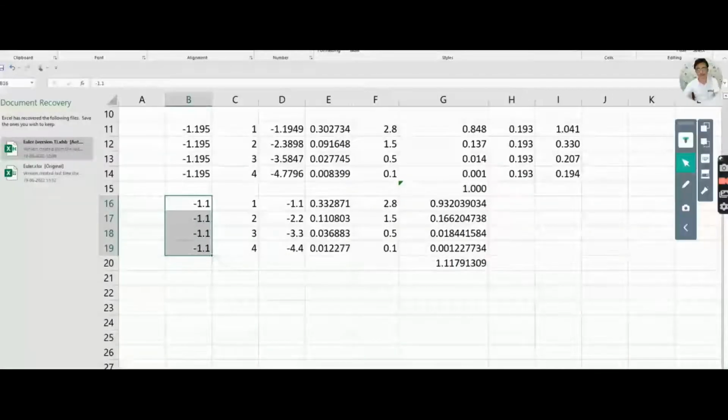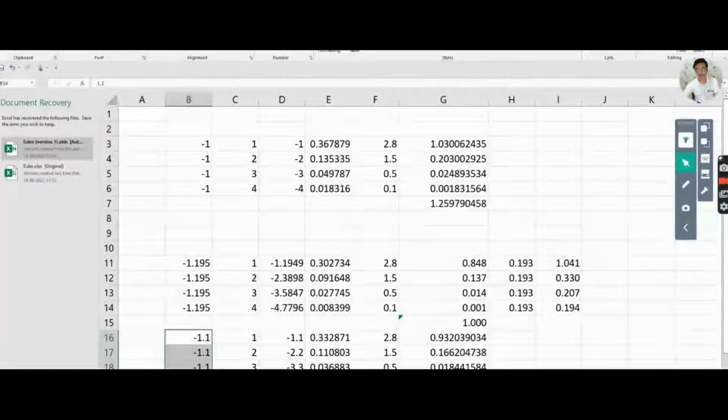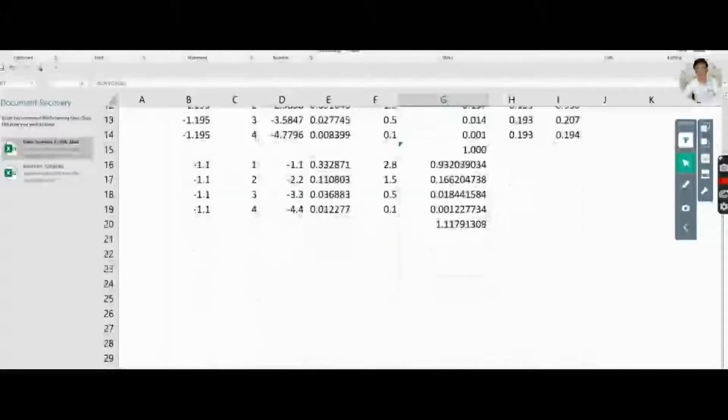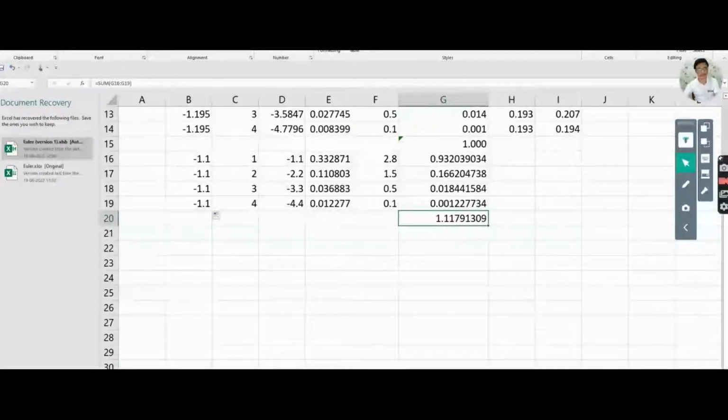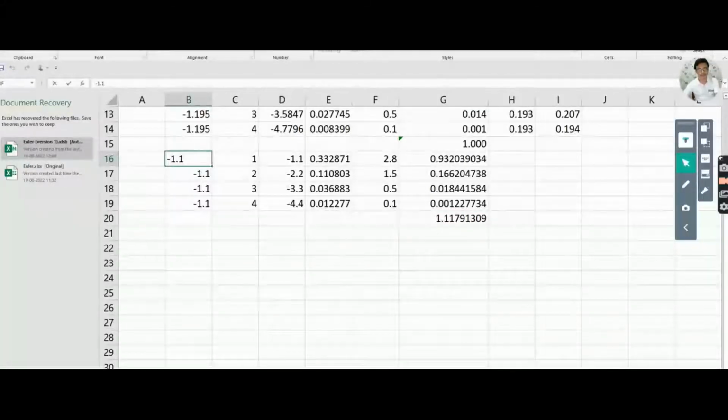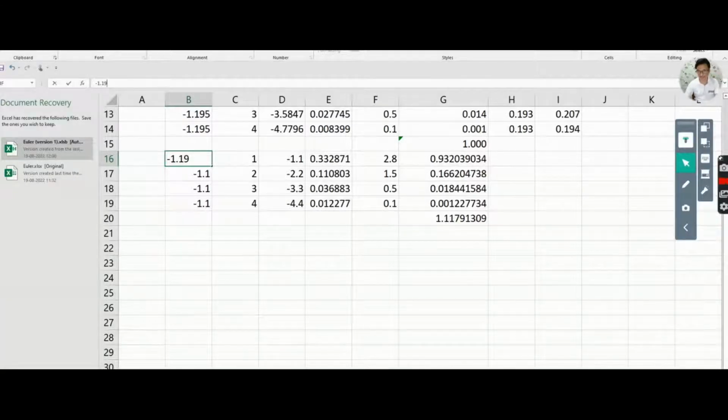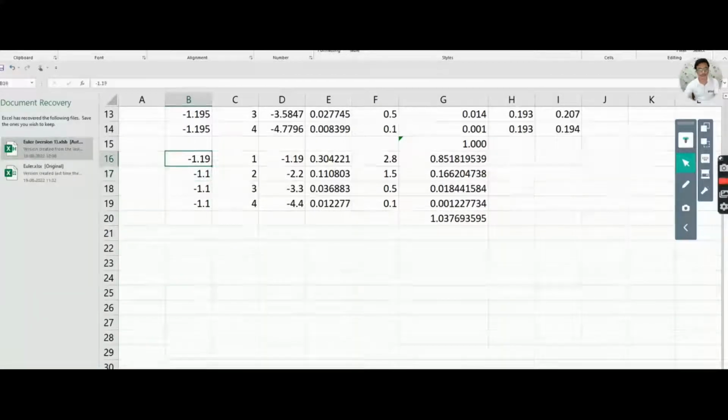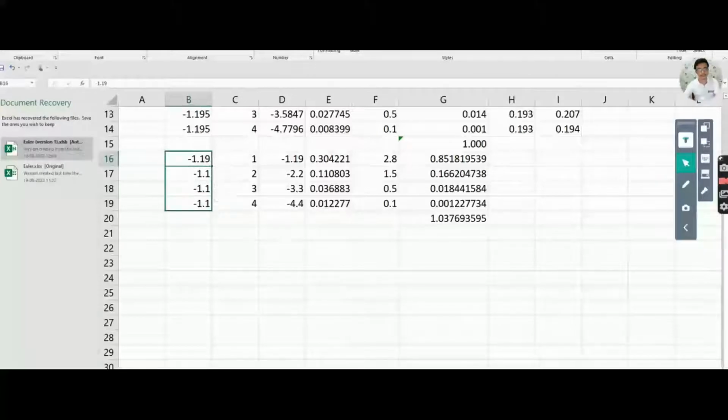So it is reduced from 1.2597 to 1.117. If I cannot change the first digit, which is 1, then I have to go for the second digit. Let me start from the highest number, 9. See, the second digit changes.